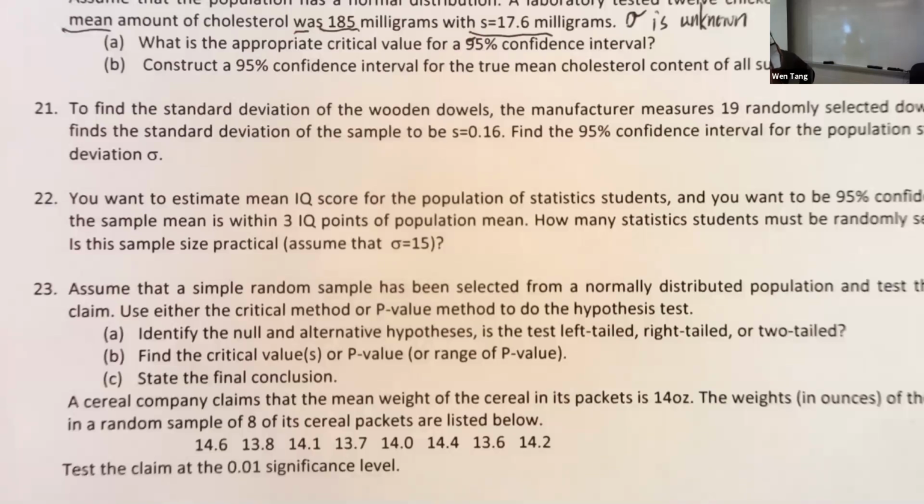Why do we need to check 2 critical values? Because the curve is not symmetric for the chi-square distribution. So we need to check both sides for the critical value. Let's check the question.